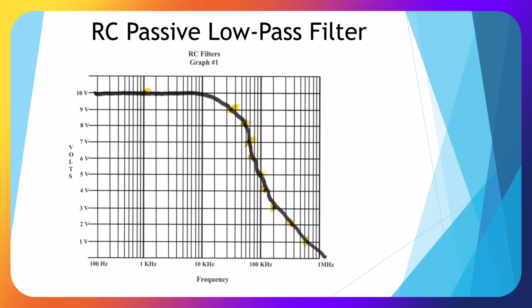Here I finished the chart by connecting the dots, and that would be our Bode diagram showing a low pass, no attenuation on this part, and the rest of it would be on the attenuated part.